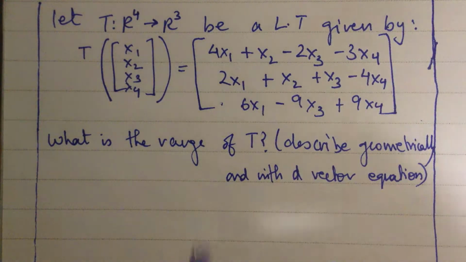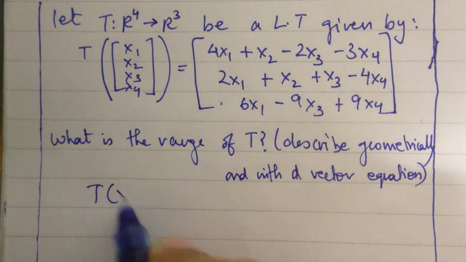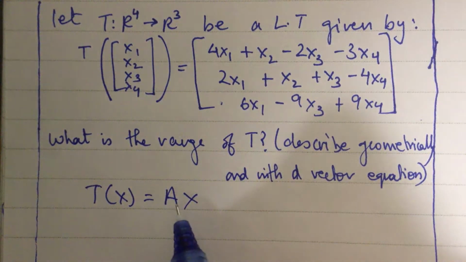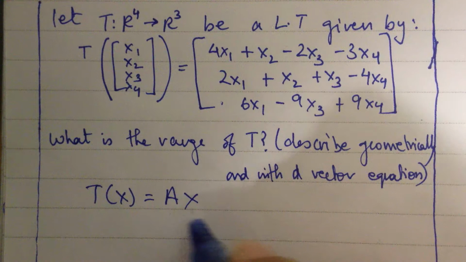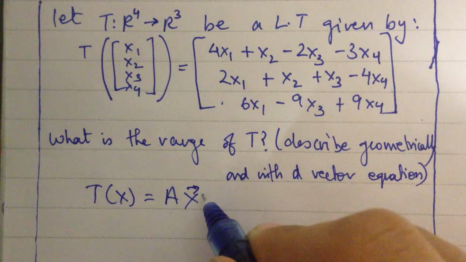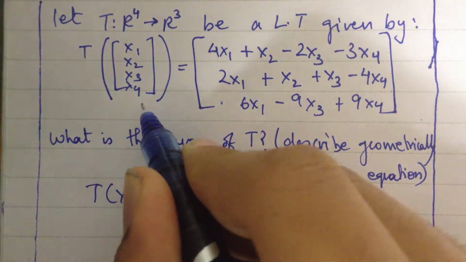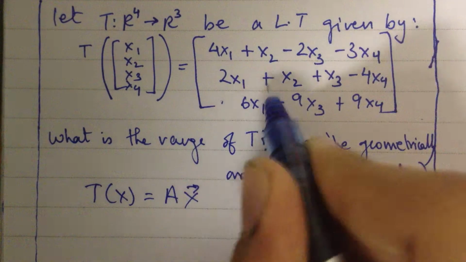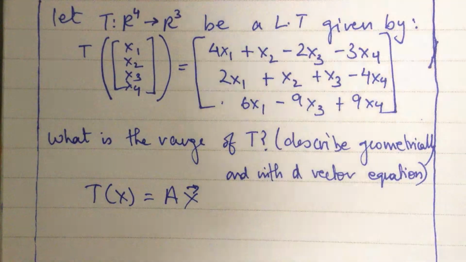So we know that any linear transformation given by T(x) is equal to Ax, where A is an m by n matrix which, when multiplied by x, which is also a vector, x1, x2, x3, x4, gives T(x), which is this right here.